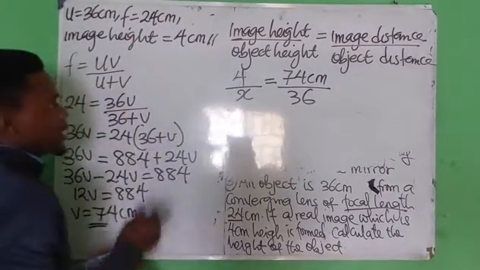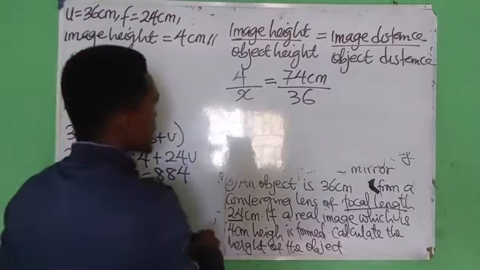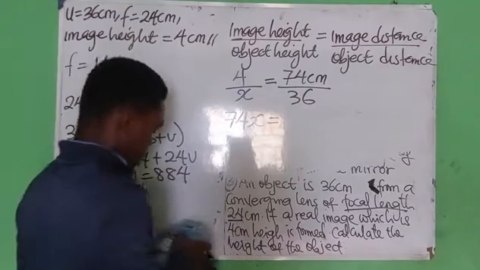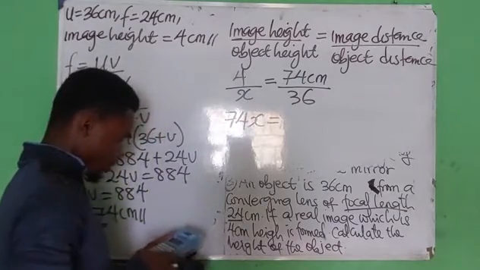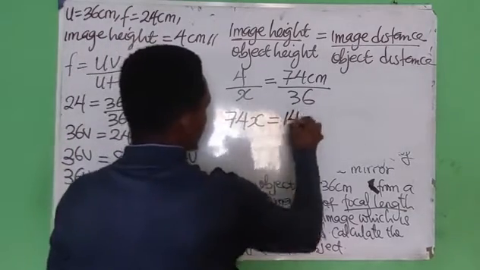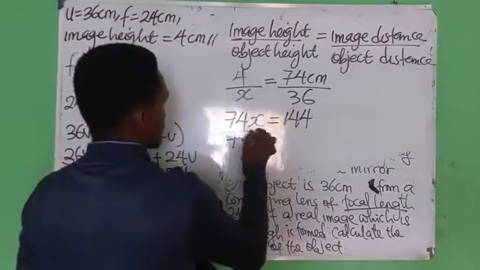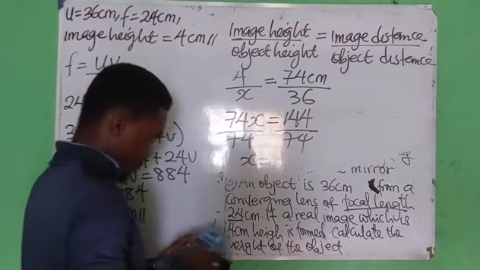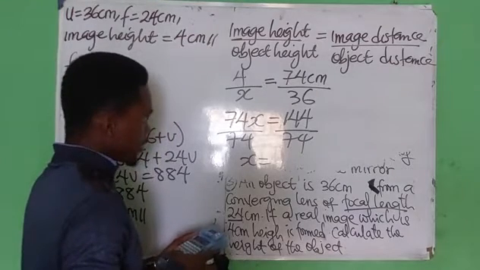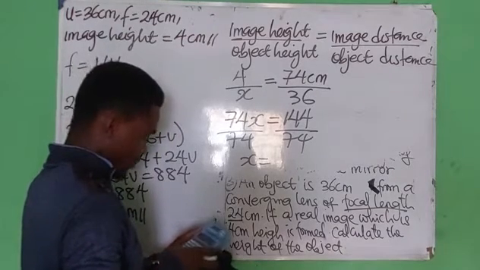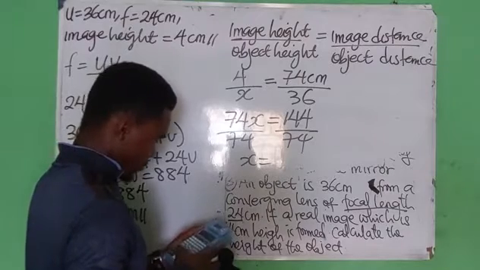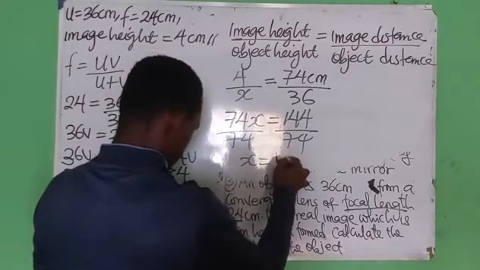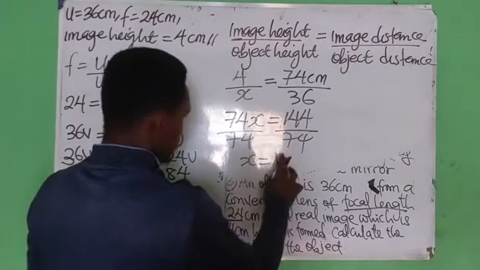You cross multiply. This means we have 72x equals 36 times 4, 144. So x equals 144 divided by 72.